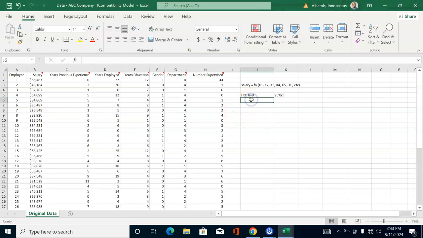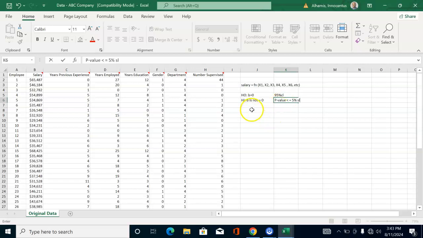Our alternative hypothesis will be that the slope is not equal to 0, and we need to prove it by finding the p-value, which should be less than or equal to 5%, which is the significance level.